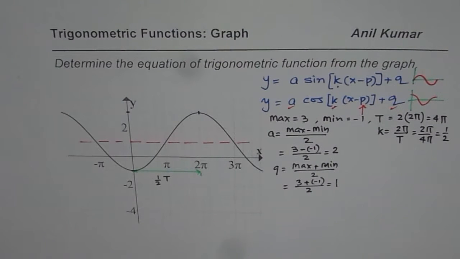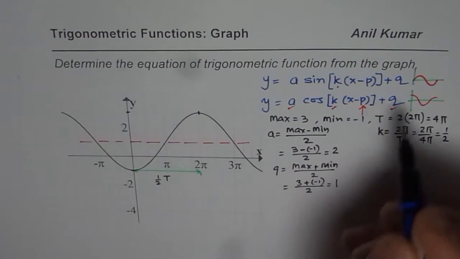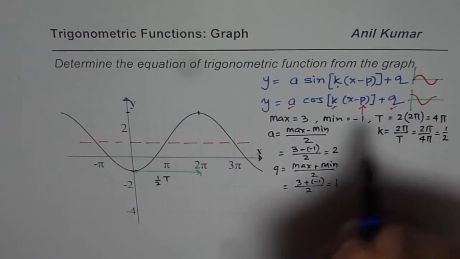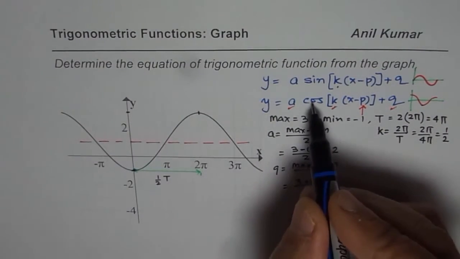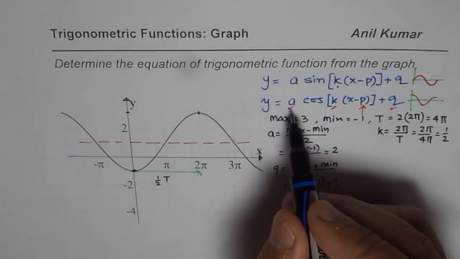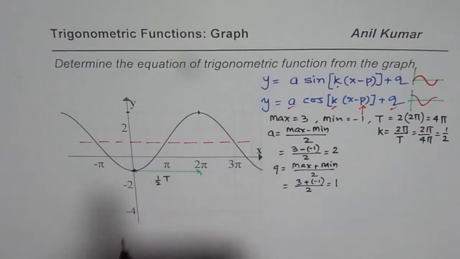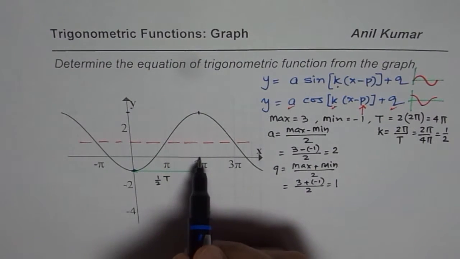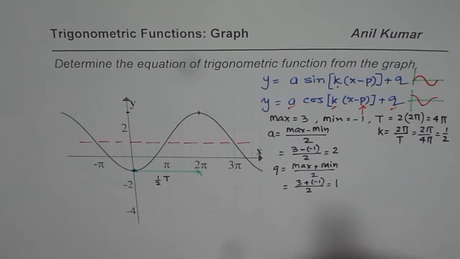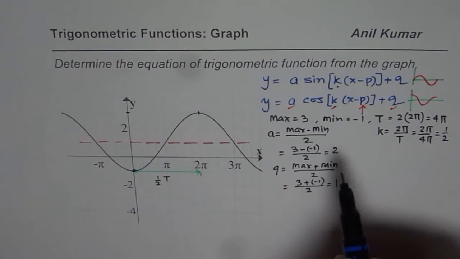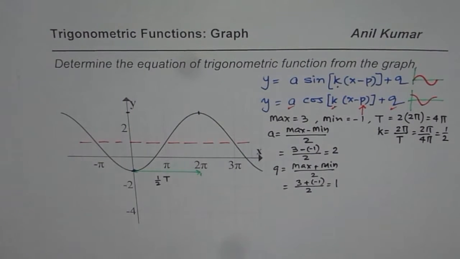Now in our case, if I'm writing a cosine function, it is kind of starting from a minimum. So we could use minus cos, or if we consider that point, then horizontally it has been translated by 2 pi. So there are two options for the cosine function, phase shift, right? Let me write down both equations for the cosine function.